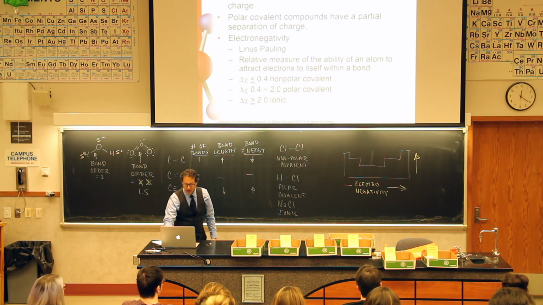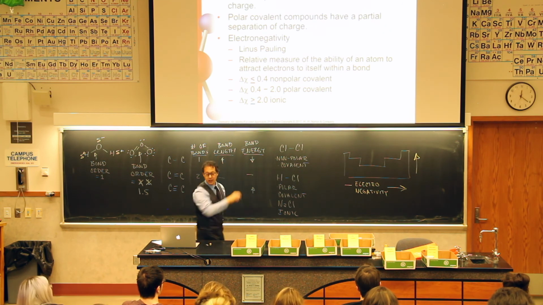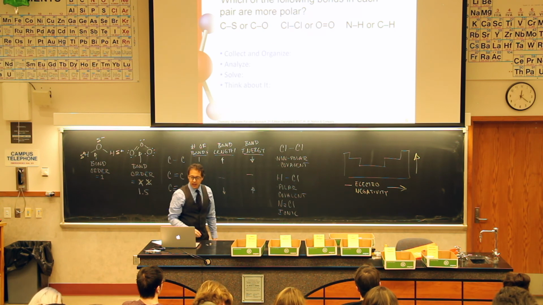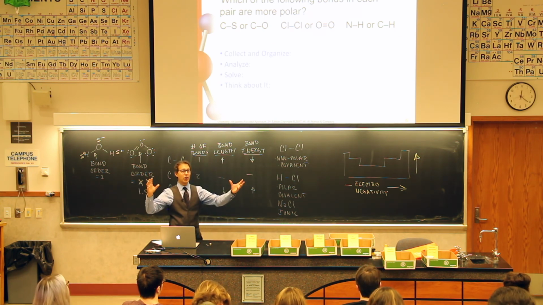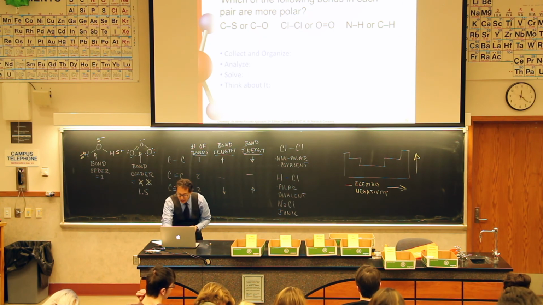Yep, so a greater delta, a bigger distance between those two. So it should be nitrogen and hydrogen, because nitrogen and hydrogen are further apart than carbon and hydrogen. Sam? Yes, okay. Thank you very much. Oh, you are amazing. Thank you so much.